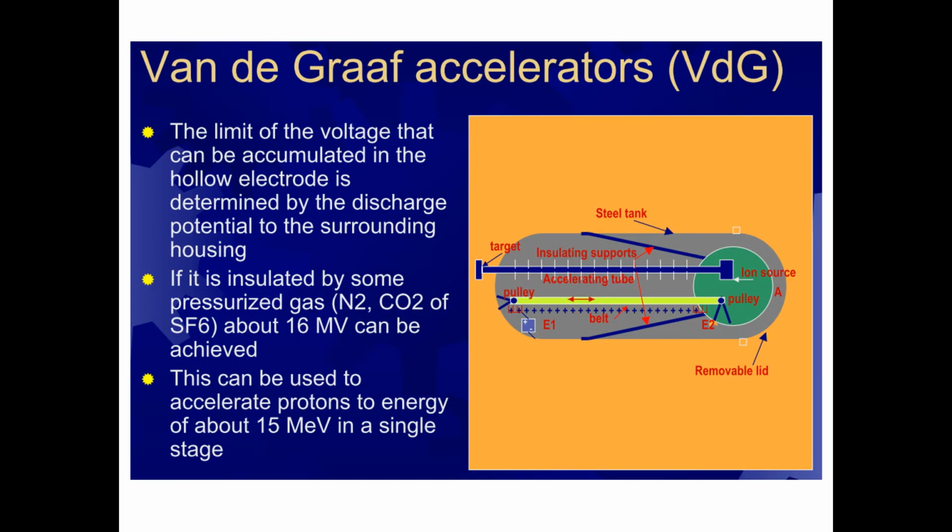The limit of the high voltage that can be accumulated in the hollow electrode is determined by the discharge potential to the surrounding housing. This is the surrounding housing.